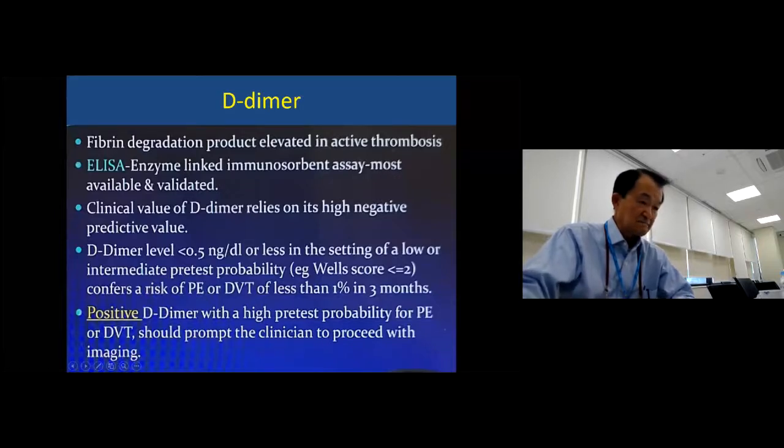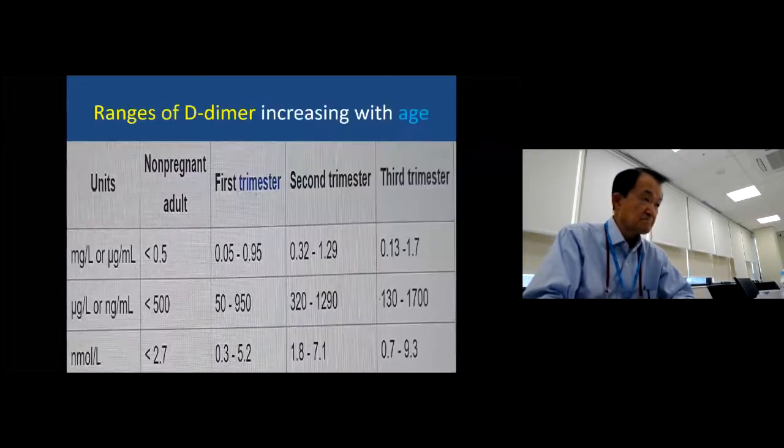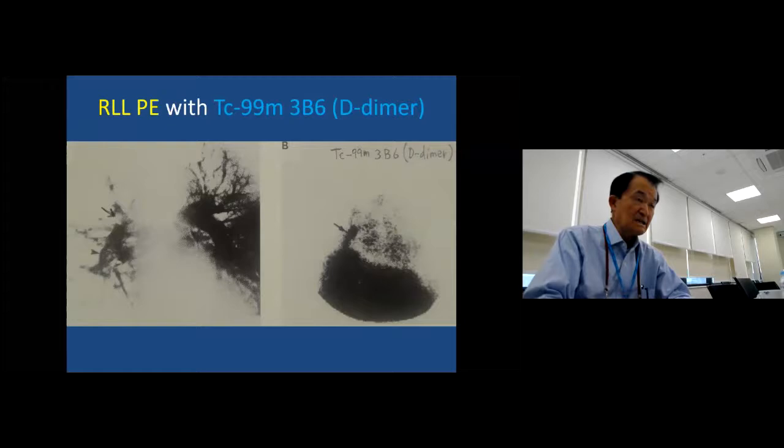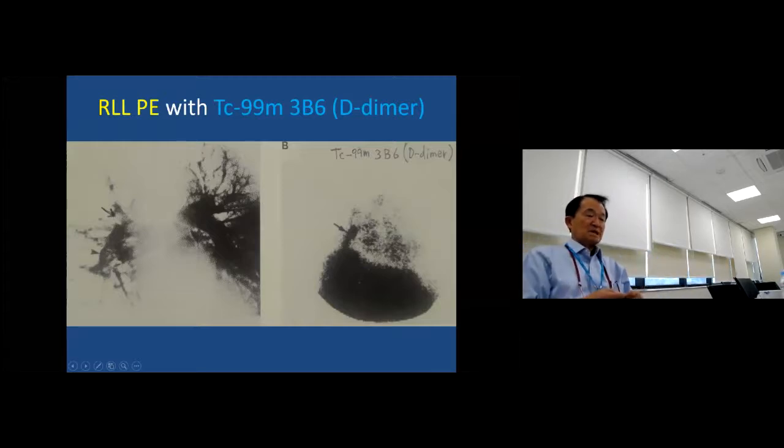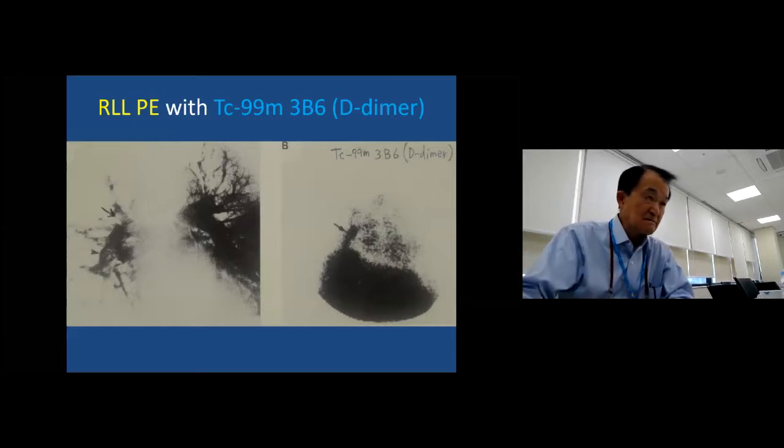But it increases with age and pregnancy, and the radio-labeled D-dimer is useful for acute, relatively arterial clots, which require a thrombolytic agent rather than heparin.